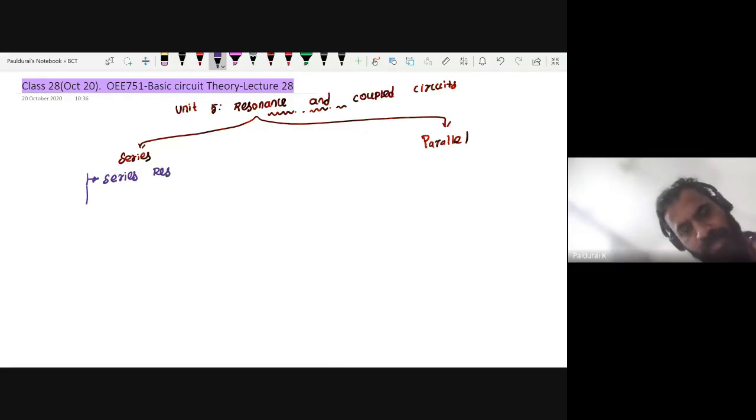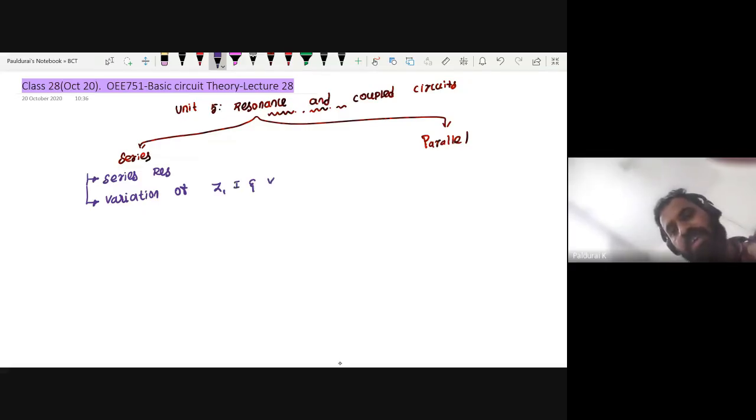Then you want to know the variation of impedance, V equal to IR, just remember the formula R, I and V, with frequency. And here three interesting concepts: bandwidth, quality factor and selectivity.